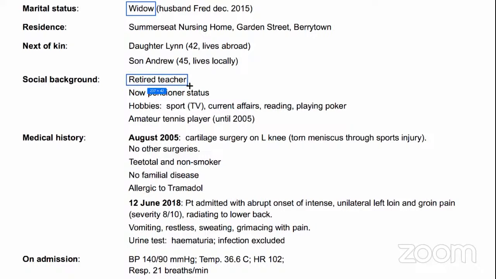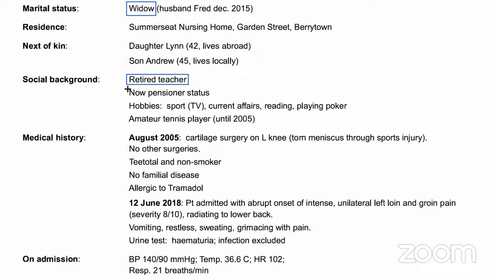She's a widow and she's a retired teacher. And now she is surviving on pension. Okay, hobbies, sport, current affairs, reading, playing poker, amateur tennis player. This is not that important. So forget that.